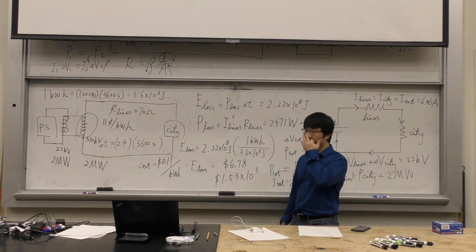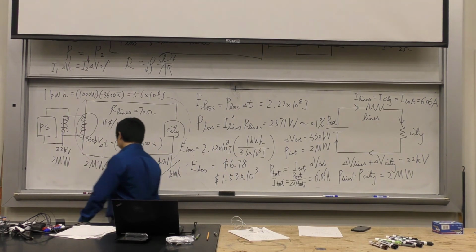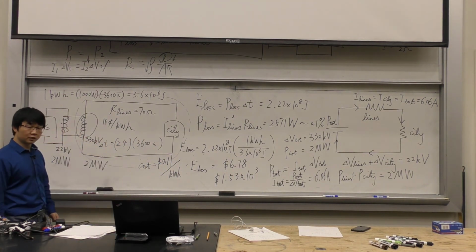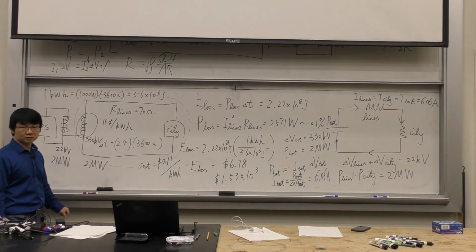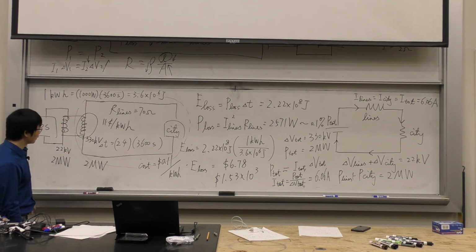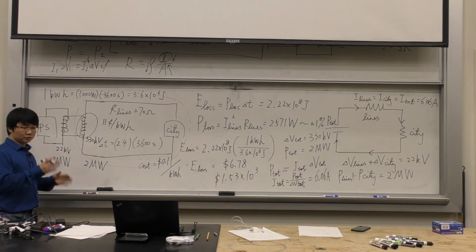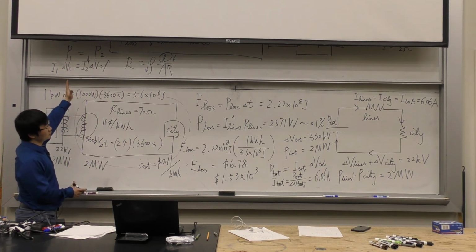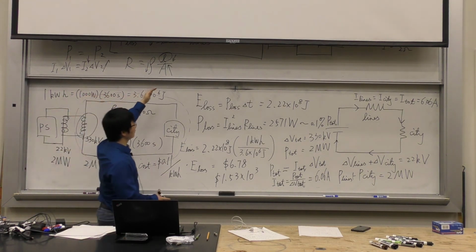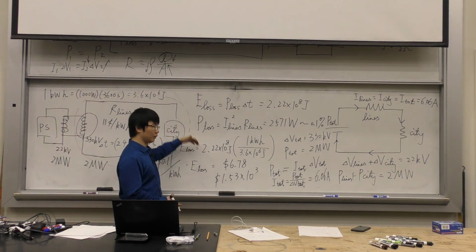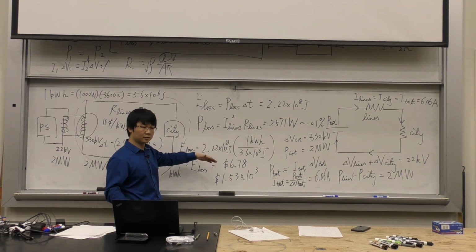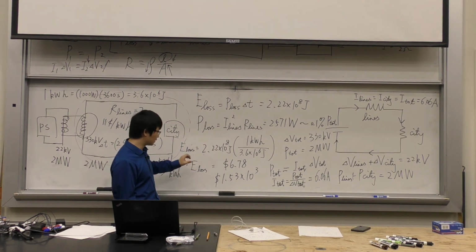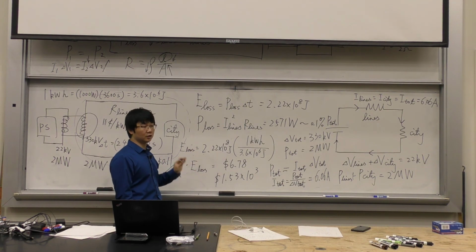Even though it seems like more work, more complicated to us, this saves a lot of energy and a lot of money. That's why the electric company still uses the transformer to raise the voltage first and then bring it down when it reaches the city, okay?